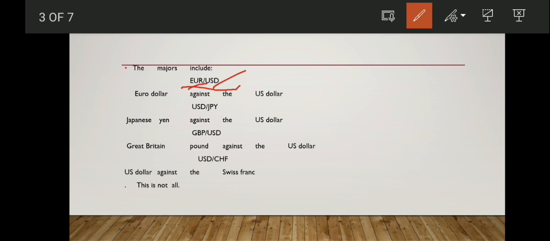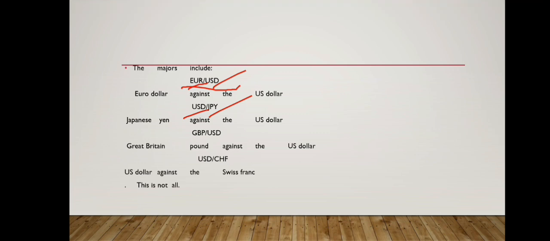In this second example, the USD is the base currency, while the yen is the quote currency. So you can understand now. So let us continue forward.